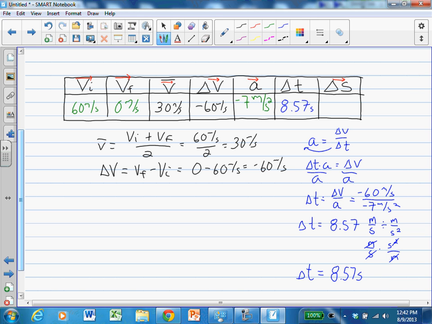Now that we know that, we can calculate what we wanted to find, which was our delta S, because we have V bar is delta S over delta T. So delta S is V bar times delta T, which is 30 meters per second times 8.57 seconds, or 257 meters.